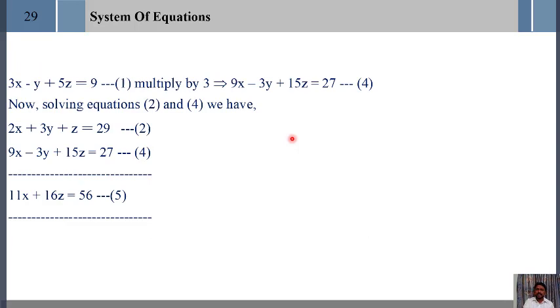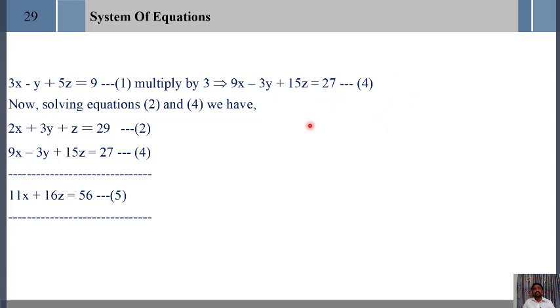I have explained everything previously. See here, I am going to solve the first 2 equations. To do that, I need to multiply the first equation by 3. By multiplying equation 1 by 3, we get 9x minus 3y plus 15z equal to 27. Simply name it equation 4.